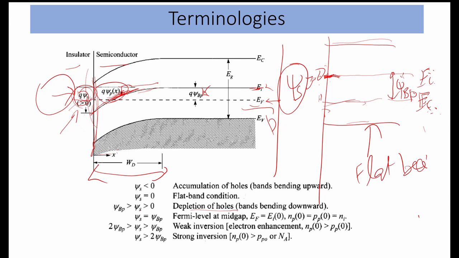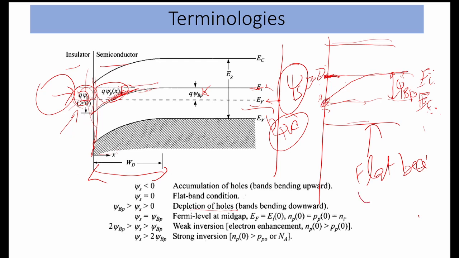And the next case comes when this is the EI, and we apply a positive voltage at the metal part of the junction. As the bands are bending downwards at the junction, there will be a point when the EI is equal to EF at the junction.